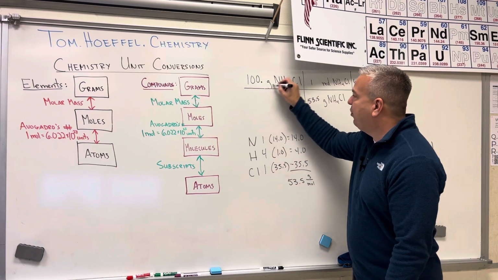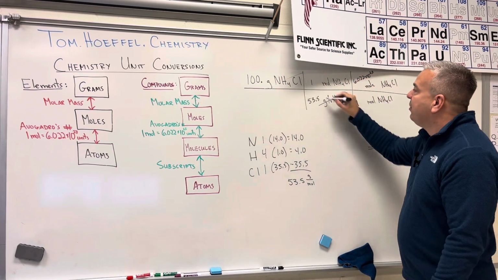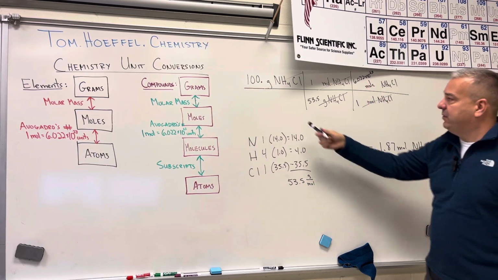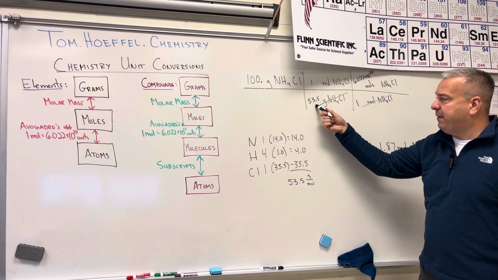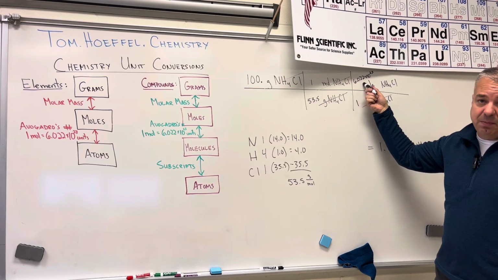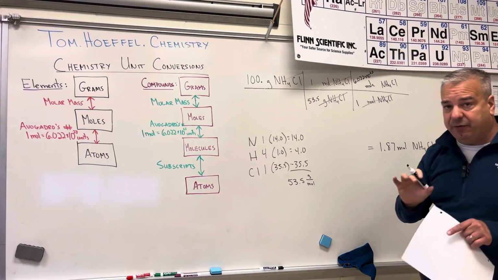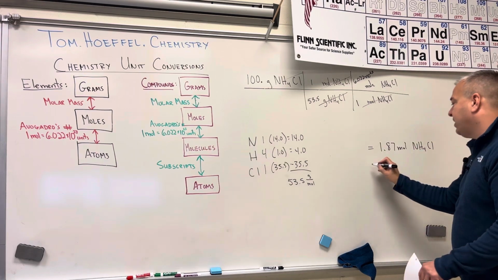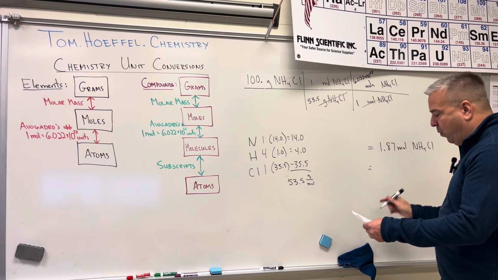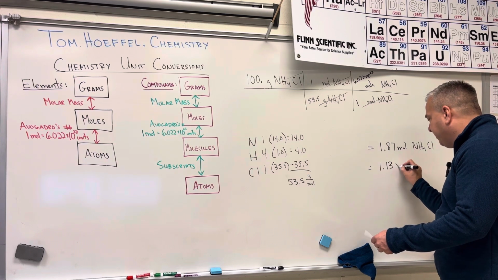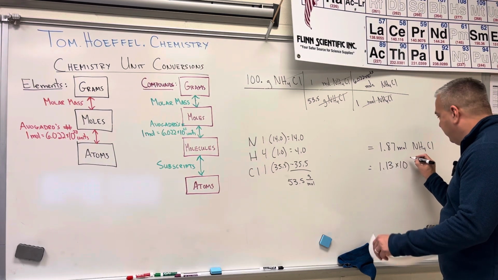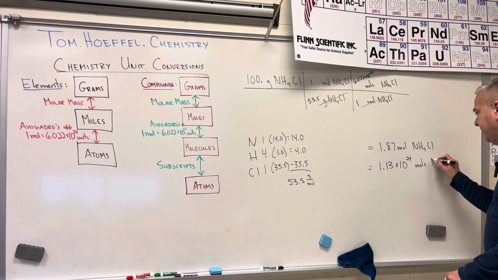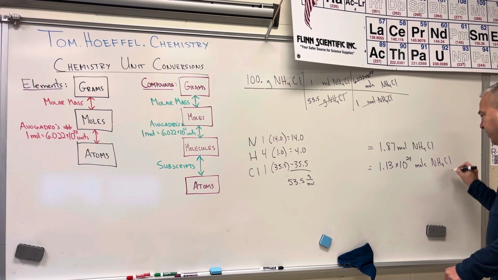The base unit is going to be a molecule. So right now, the grams have canceled out, the moles have canceled out, and I'm left with the unit of molecules. So 100 divided by 53.5 multiplied by Avogadro's number, and be very careful of entering that in your calculator because a lot of people make mistakes right there, is going to come out to be 1.13 times 10 to the 24 molecules, MOLC, of ammonium chloride.